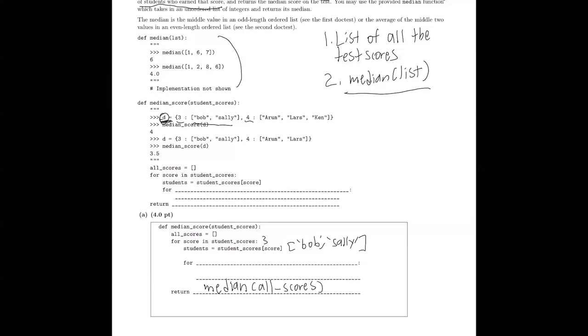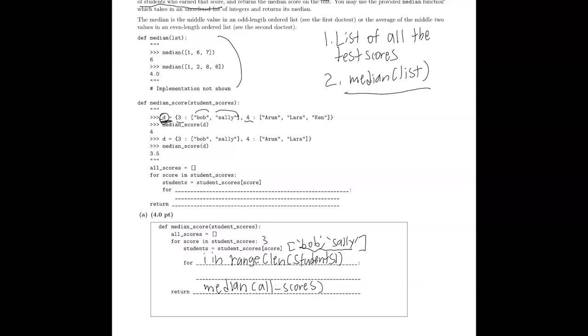Well, we can actually use a for loop here, which they already provide here. But in this case, what we'll fill in for it is for i in range length of students. Why? Because we'll iterate over however many values there are inside the provided dictionary with the key. So for example, if we put in 3, we're going to iterate over this list of Bob and Sally.